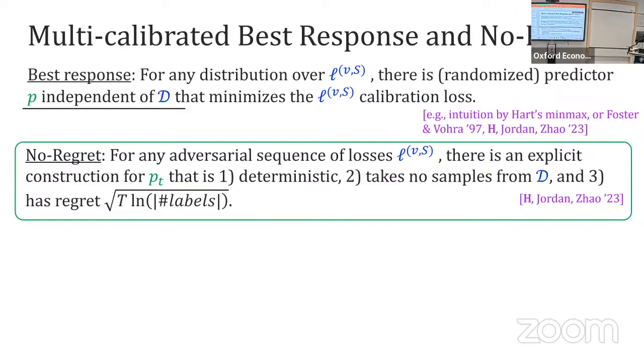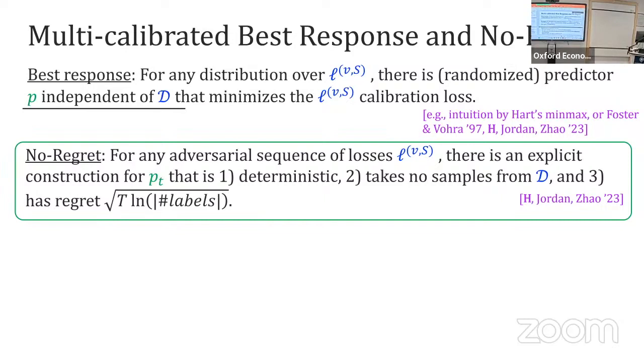Very similar to why we can give just the average solution, we can also find such predictors. In fact, we can find them without even looking at the distribution itself. So I do not need to see any x's or any y's.